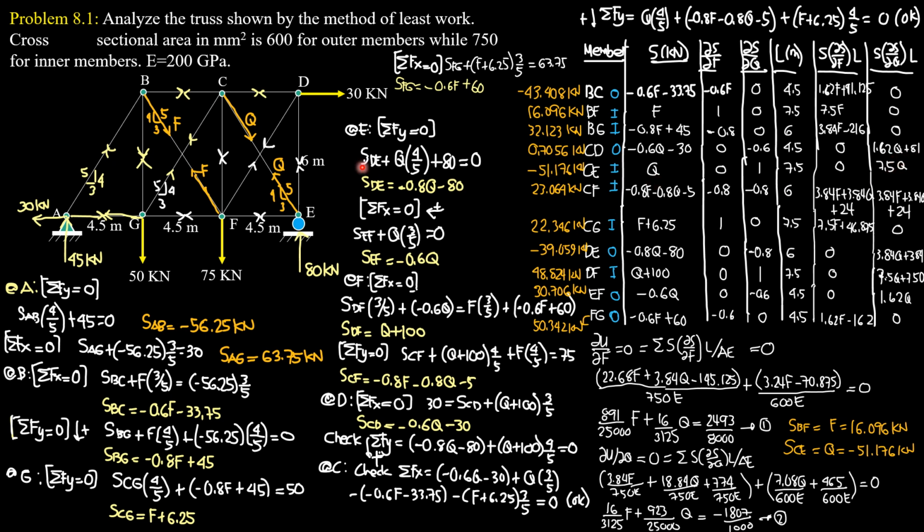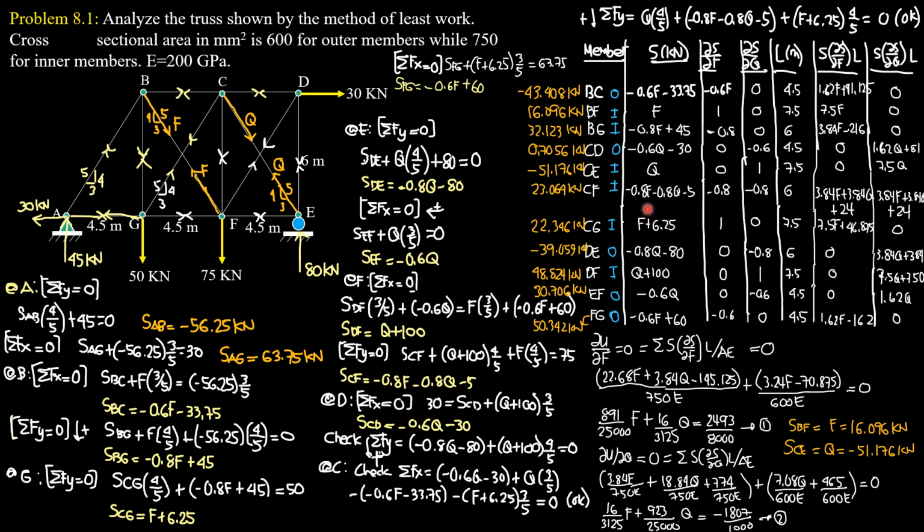Then CE, which is just Q, partial derivative of S with respect to F is 0, with respect to Q is 1, length 7.5. So S, partial of S with respect to F times length is 0. S, partial of S with respect to Q times length is 7.5Q.